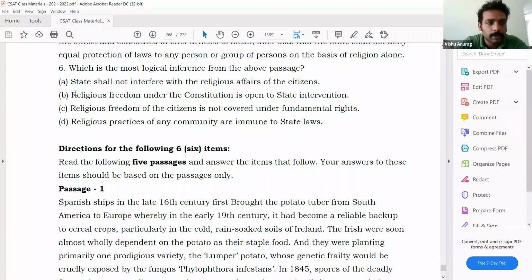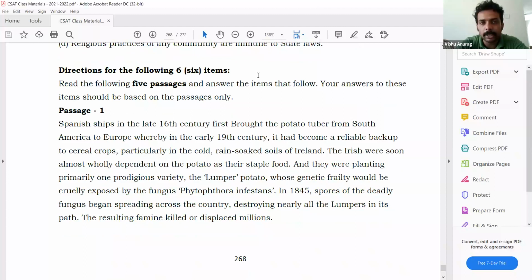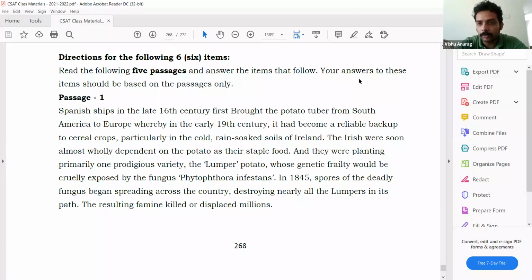Last answer was B. Religious freedom under constitution is open to state intervention. And these are the answers for the last set of questions. Please make a note of it. These are the last 6 answers. Just note them as an answer key, and then in your own time you can solve them.